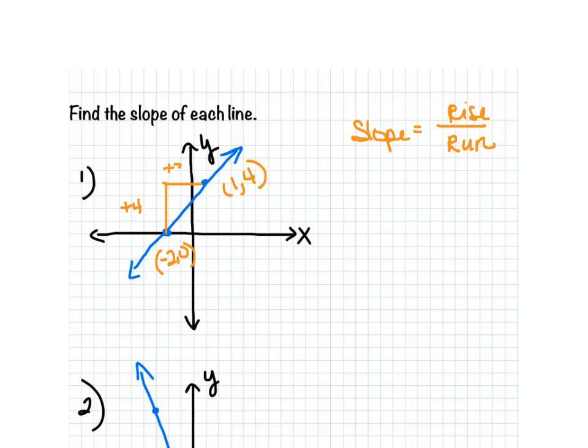It's +3, since I'm going to the right. Going up on the y is positive, moving to the right on the x is positive. So I can say that the slope of this line is rise over run, 4/3. And I'll always check to make sure that it's in lowest terms.